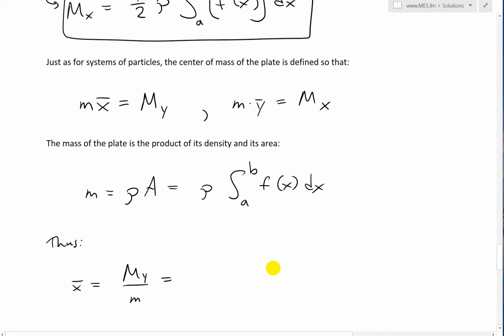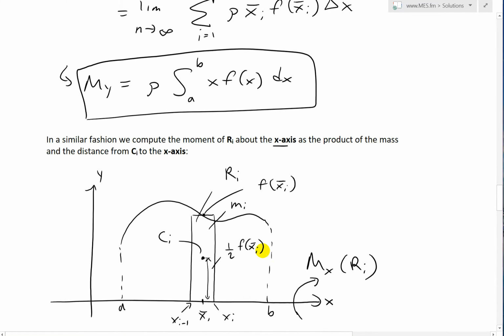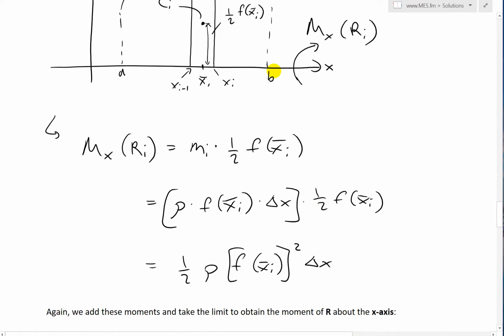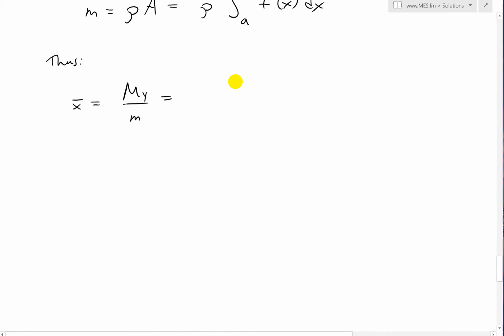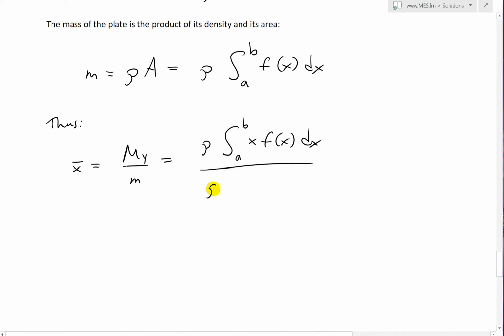Our My is right here, rho times the integral from a to b of x f of x dx, divided by the mass, which is right here, rho times the integral from a to b of f of x dx.